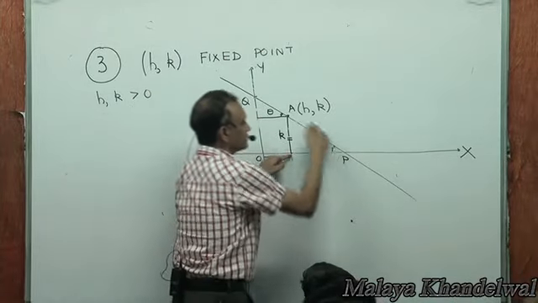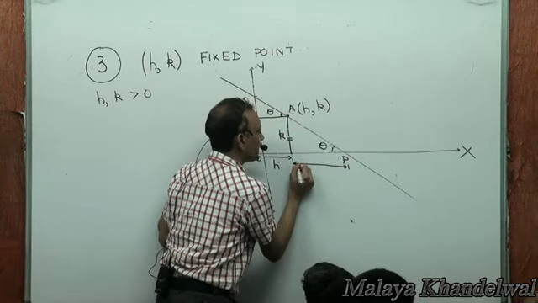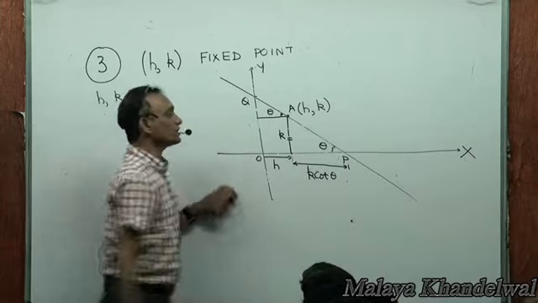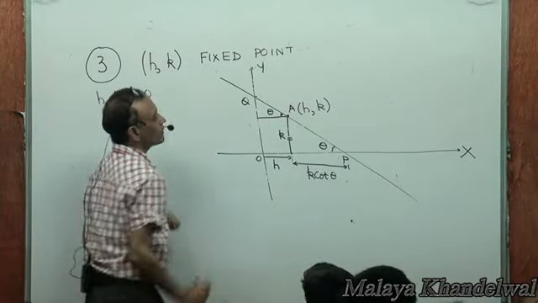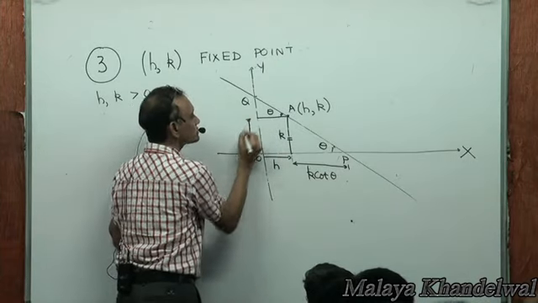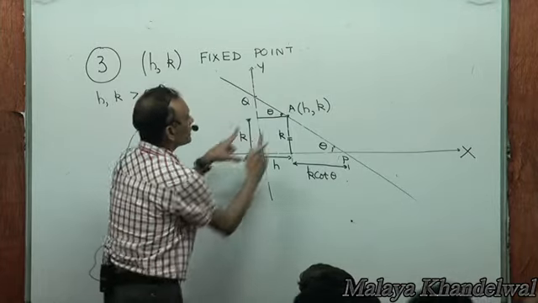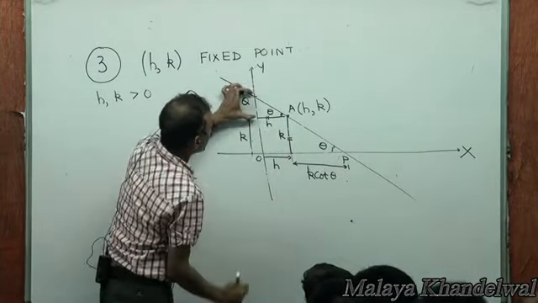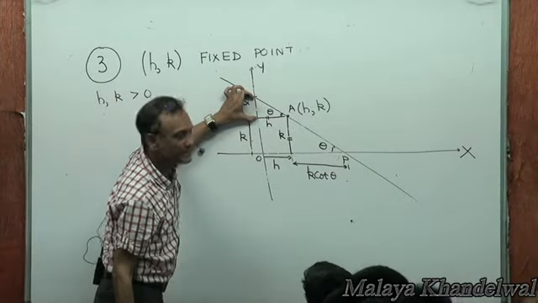Then from this triangle, can I say that this length must be K cot theta? Right? Now, this is K units, and this is H units. Then this length would be H tan theta.